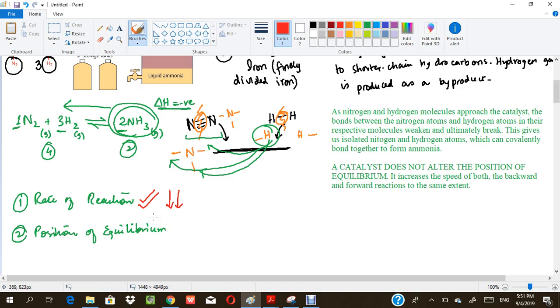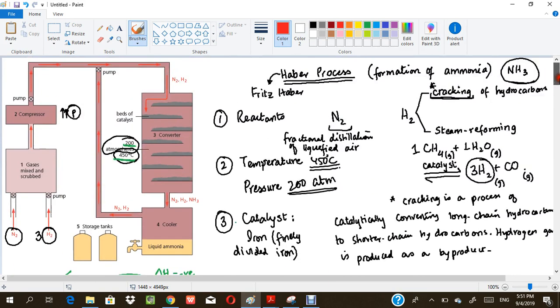Because when the reaction becomes slow, you have to run this machinery, this whole expensive process, for a very long amount of time. And this long amount of time would mean increased expenses for running the machine, for maintaining this high pressure, for maintaining these high temperatures, for running these compressors and everything. This is going to require a lot of costs.